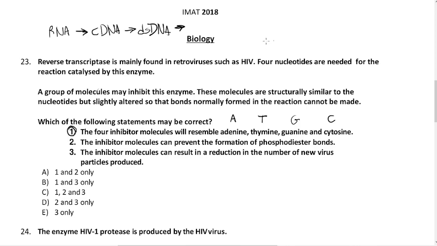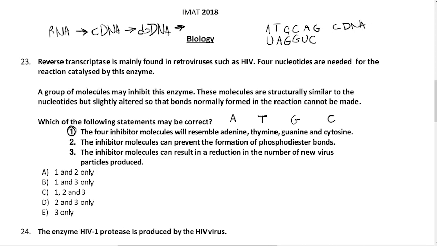For example, we have a strand of RNA that may be uracil, adenine, guanine, uracil, and cytosine. We know that uracil pairs with adenine, adenine with thymine, guanine with cytosine, in this case adenine and then guanine. So we formed our cDNA, complementary DNA, because it's complementary to the RNA.